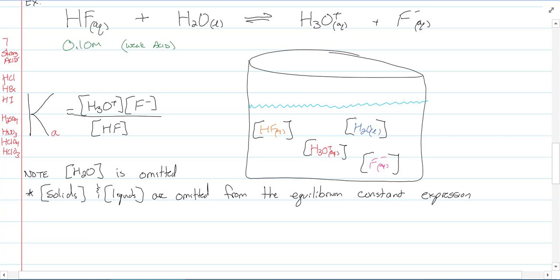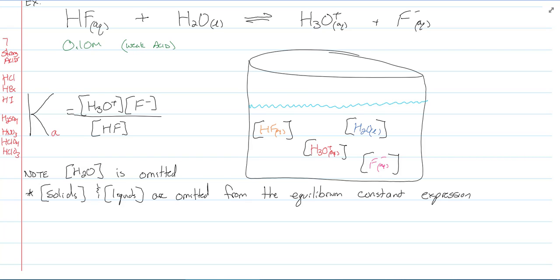Why are they omitted from the equilibrium constant expression? The reason is, think about a solid. If I double the amount of solid, does it change the concentration? No. Solids do not expand to fill their container. Neither do liquids. Water fills its container, but if I add water, it's already there.